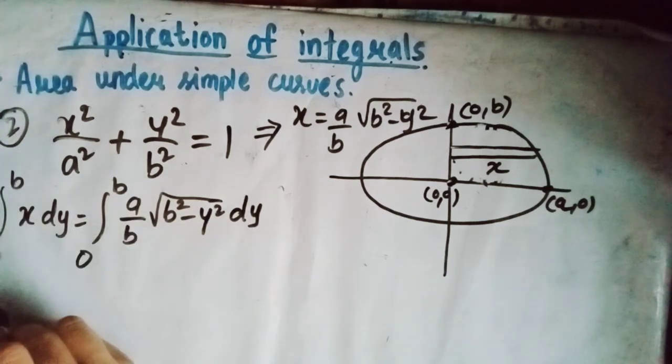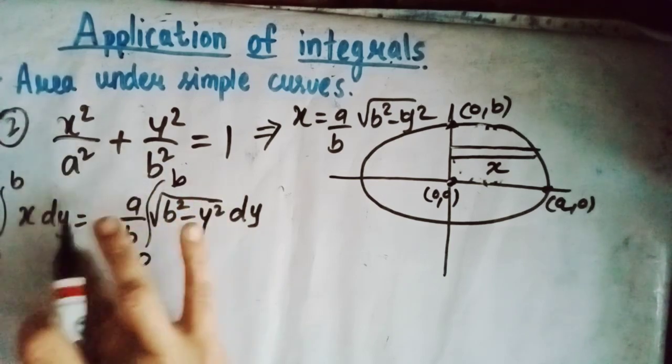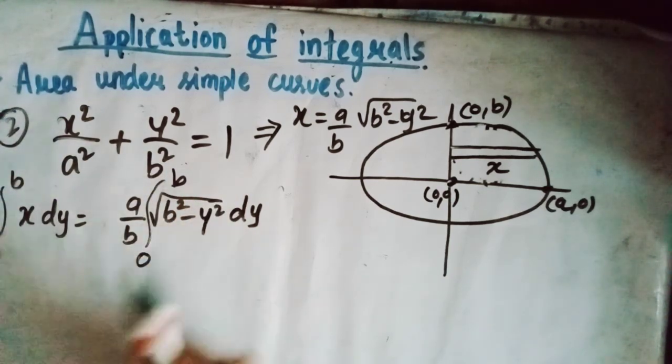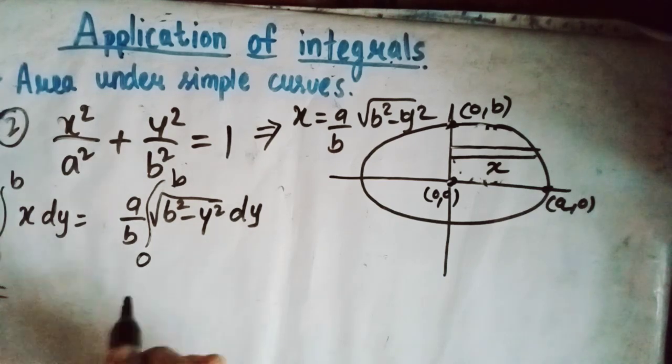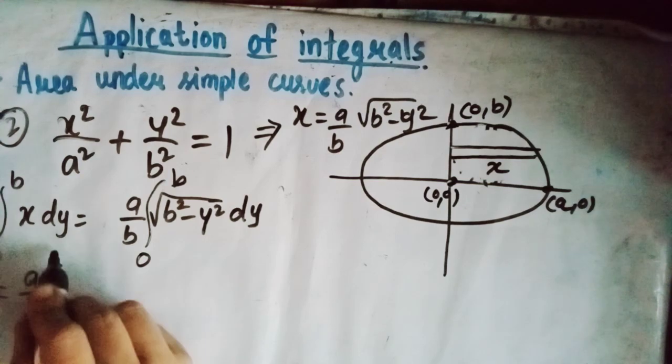Now a by b is a constant, so you can take that outside. This thing remains, so you have to apply the standard result for this, which is the same as the previous one.